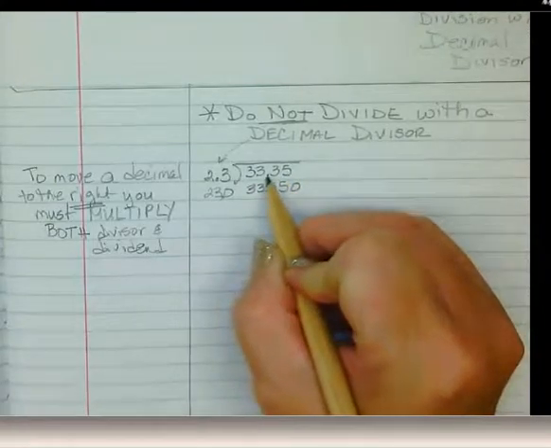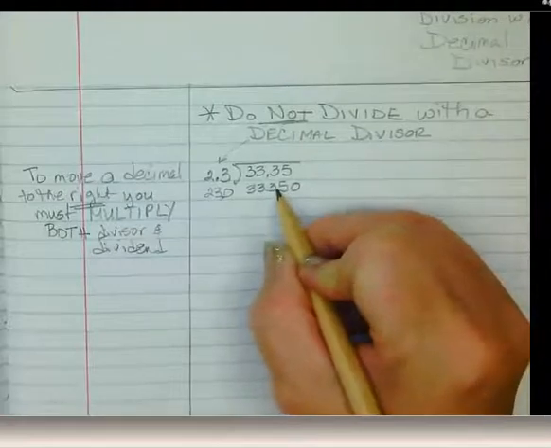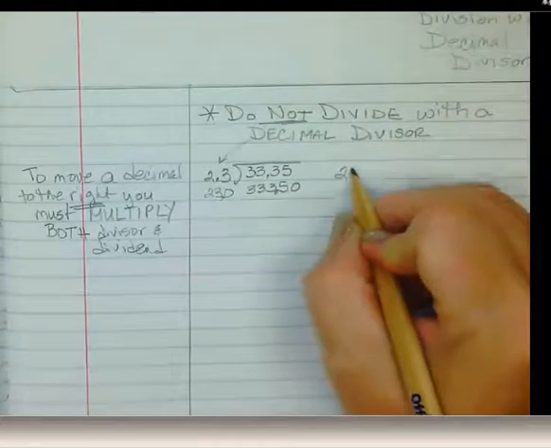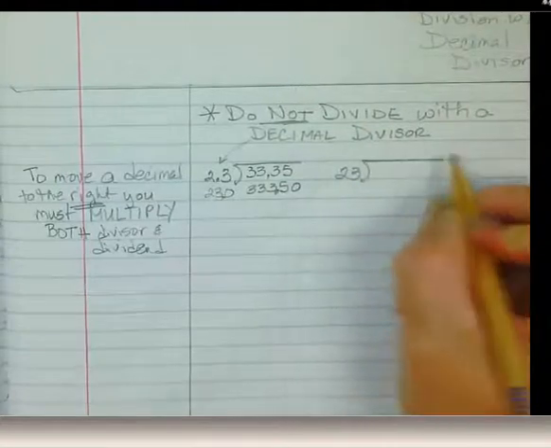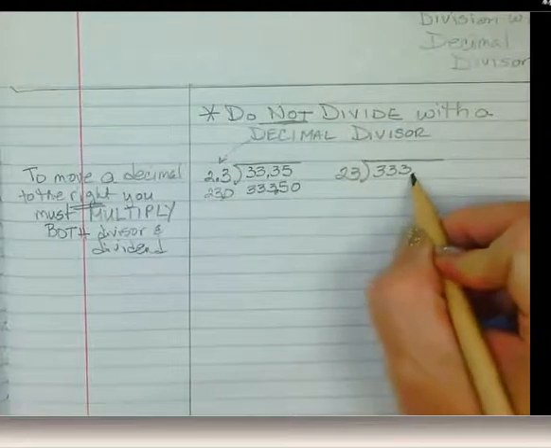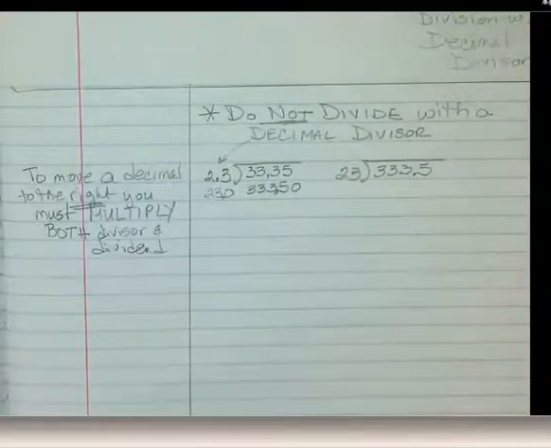And now I'm going to bring it 1, 2 back, 1, 2 back. So my new problem is now a divisor of 23 and a dividend of 333 5/10. I don't need that extra 0, just like I didn't need it here.